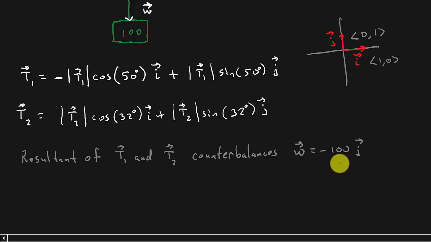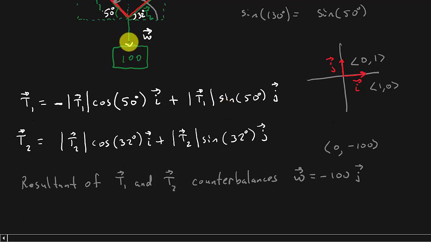See, this vector, if we wrote it out, would be 0, negative 100, which would be this right here, coming down, negative 100.